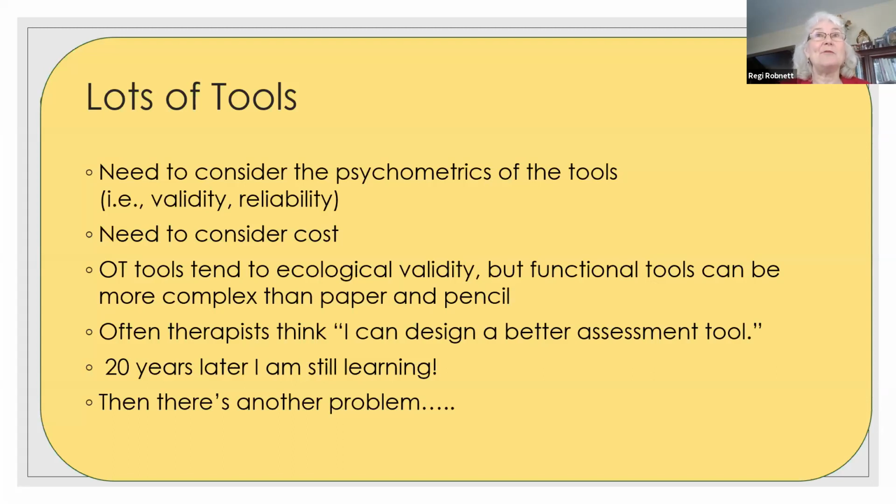And they're reliable so that they measure what they say they will measure consistently, whether that's cognition, range of motion, or whatever factor you're looking at. You do need to consider cost. It's disappointing sometimes to look through some of those catalogs and see how much they are charging for standardized assessment tools, but I can also understand how much effort went into making those.